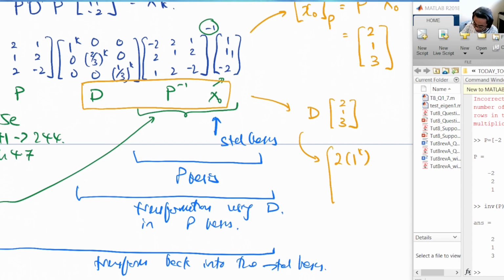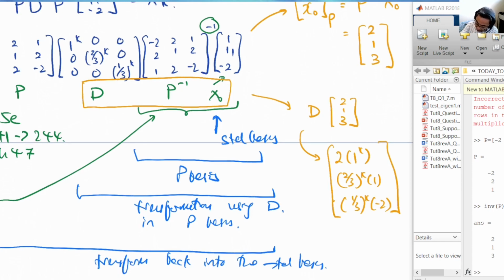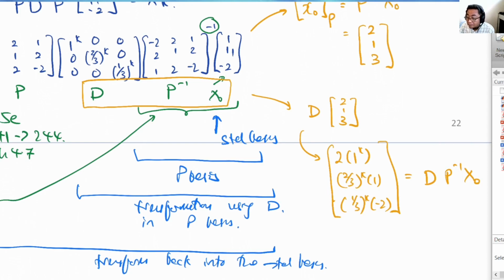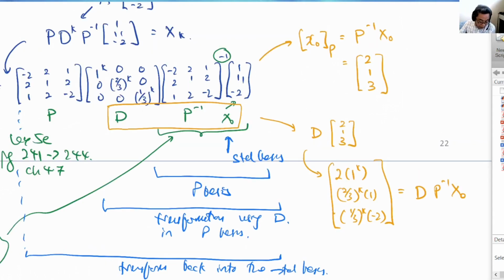So the second one is (2/3)^k times 1, and the last one is (1/3)^k times minus 2. So this is D^k times P minus 1 times x0. Now we're almost there.